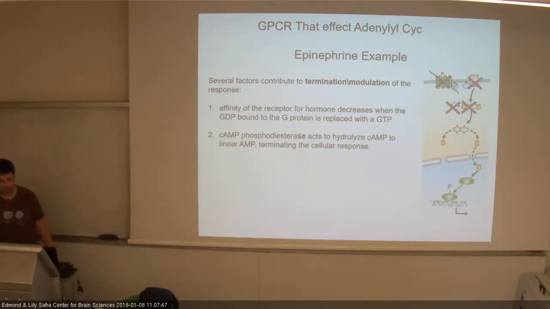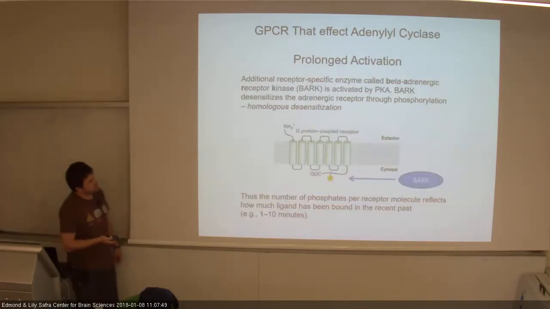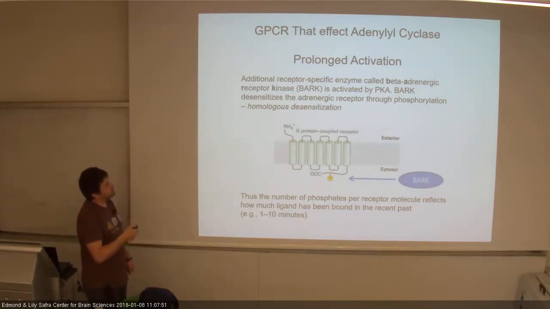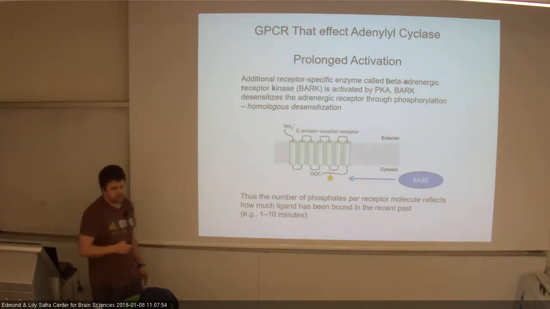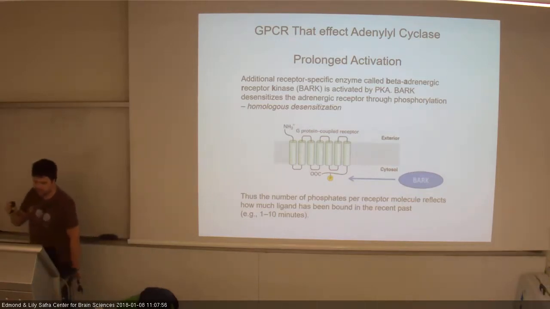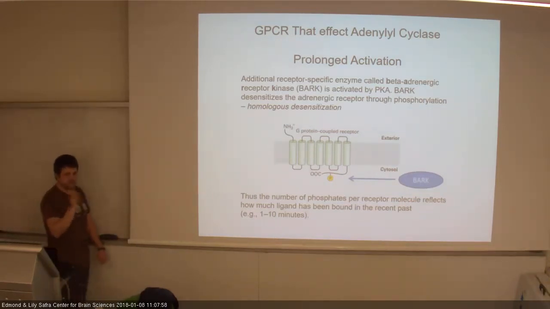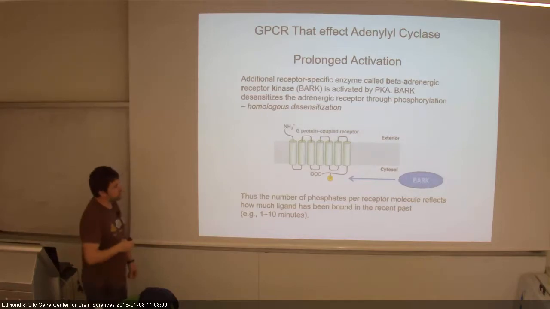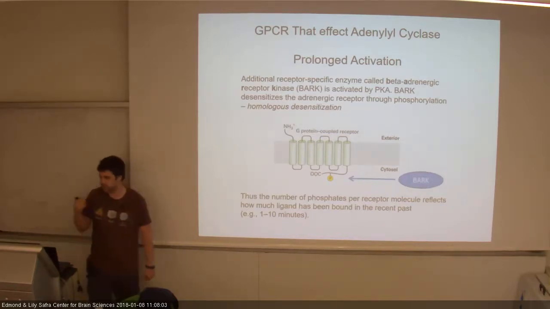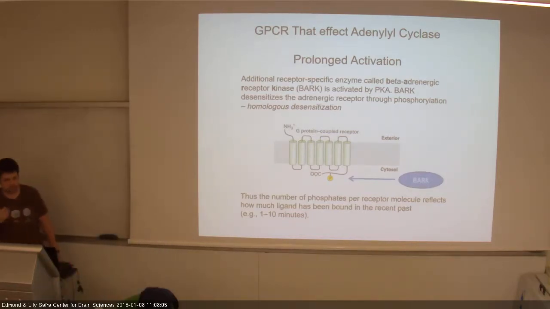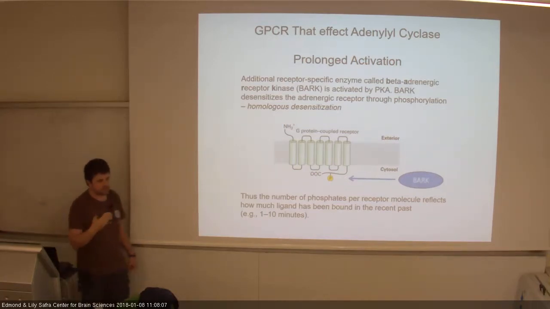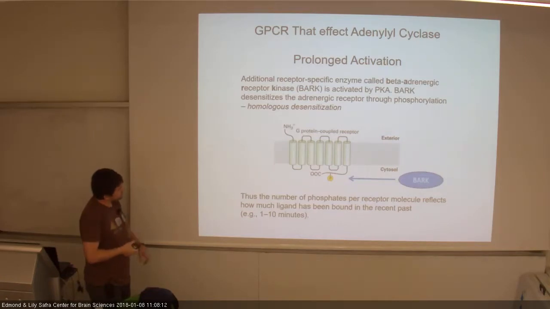Now, this is under normal conditions. Under prolonged activation, for example, let's say you're stressed for a very long time and you have a release of a lot of epinephrine all the time, then the receptors will start to desensitize, because you don't want to be in major stress all the time. One example is an enzyme called beta-adrenergic receptor kinase, or BARK.